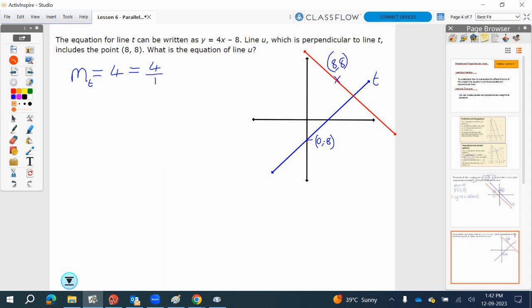That's 4 over 1, isn't it? 4 over 1 and 4 is the same number. So now we need to find the slope of the second line, which is called U. -1 over 4. So we take this fraction and you turn it upside down and you change the sign.